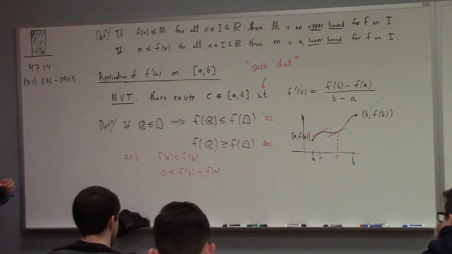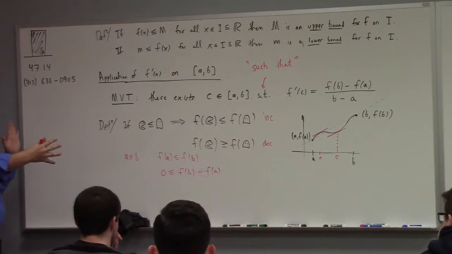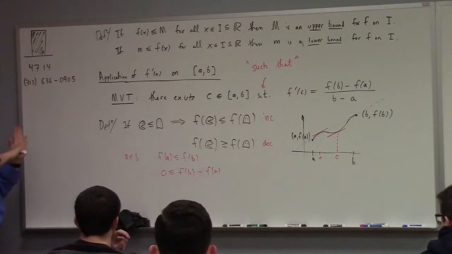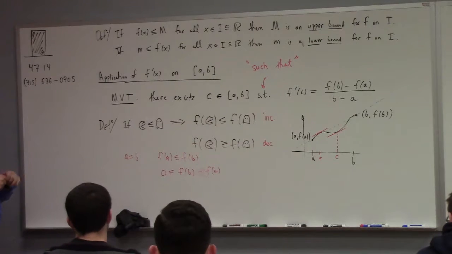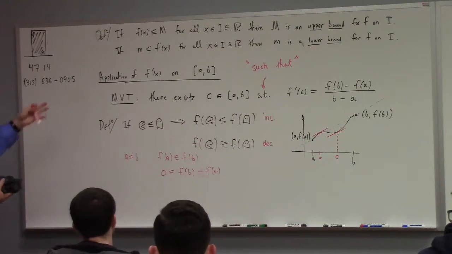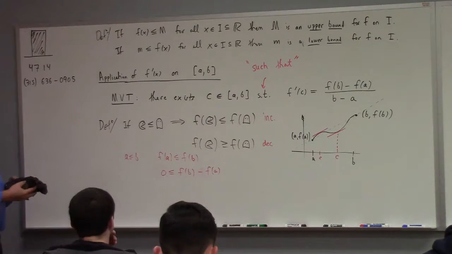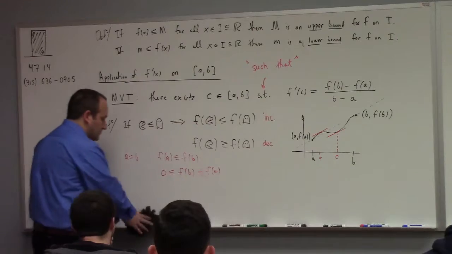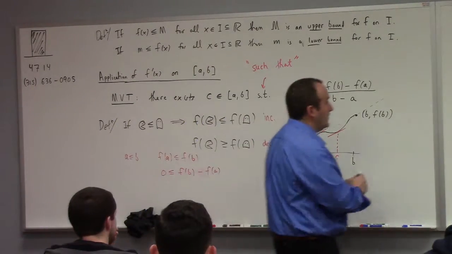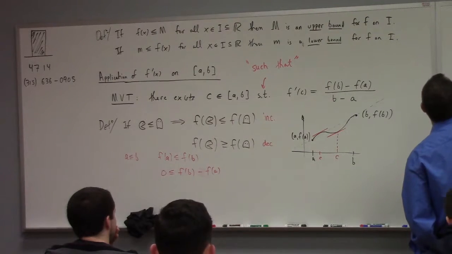All right, anyway, all of that just to remind you that the derivative being positive over some connected domain implies that the function's increasing there, all right? Now, what does that have to do with upper and lower bounds? Well, here's a little theorem, if you will.